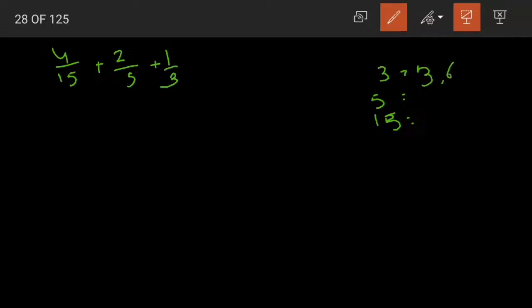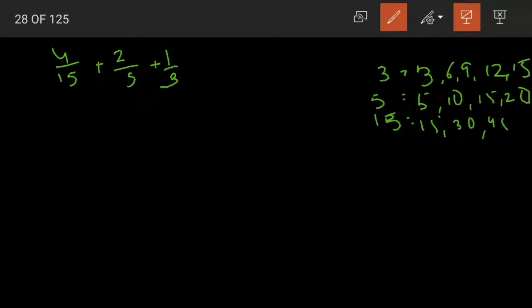The multiples of 3 are, and then the multiples of 5 are, and then we have the multiples of 15. Yes, children, if we observe, what is the least common multiple here? 15 is the least common multiple for all the three given denominators.